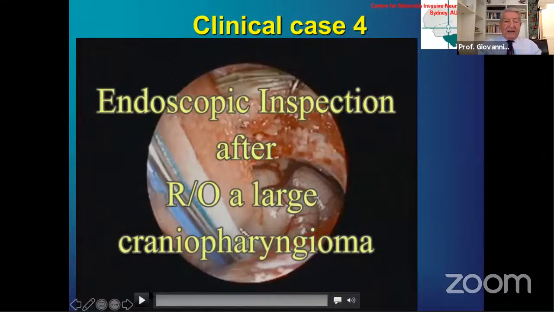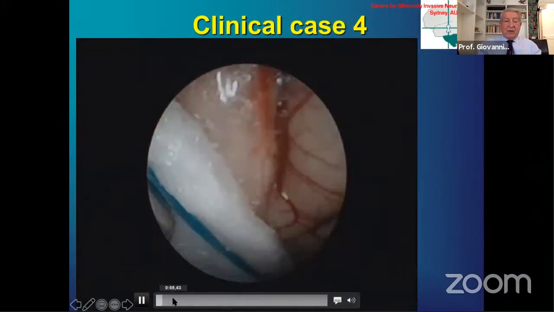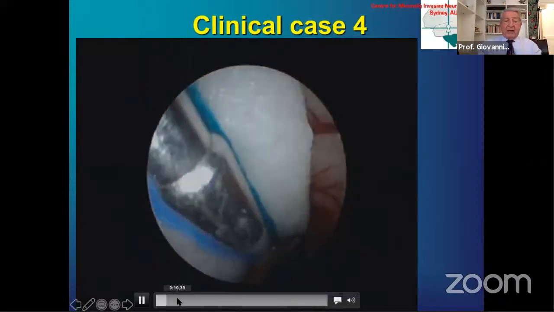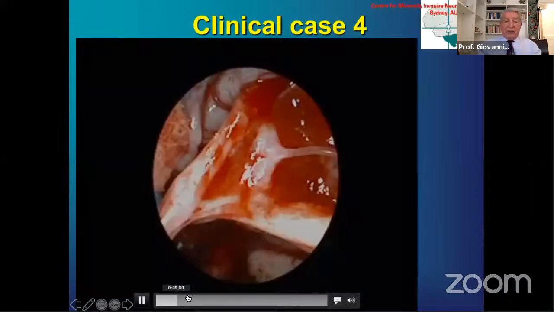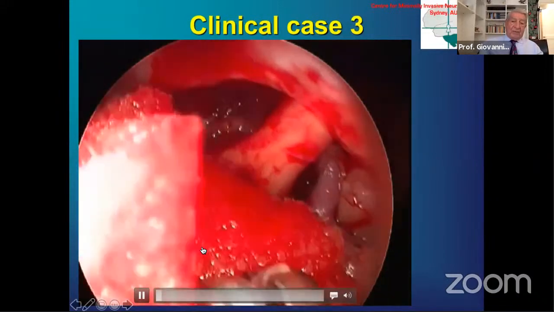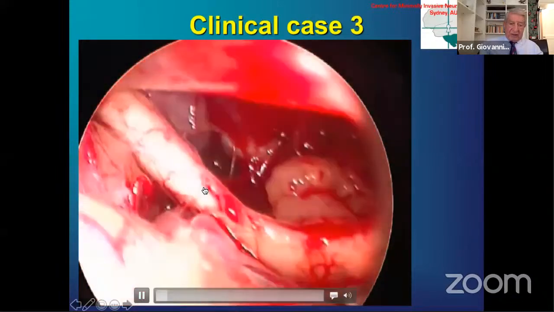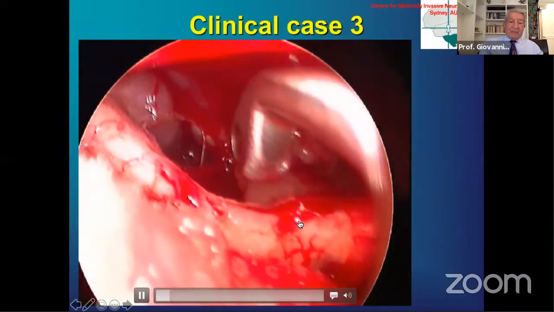Again, another case of craniopharyngioma. This is a kind of anatomical approach to see, for people that are not accustomed to that, what is the pituitary stalk, chiasm, tumor.